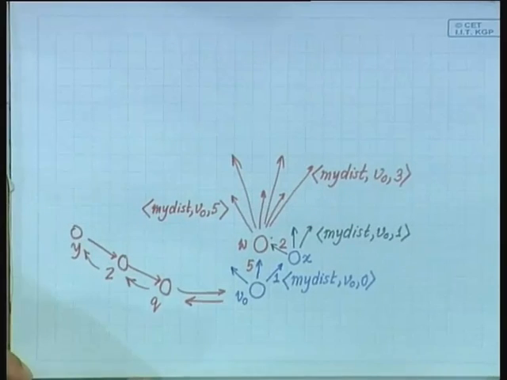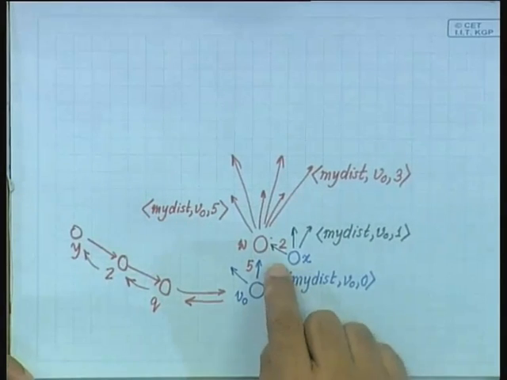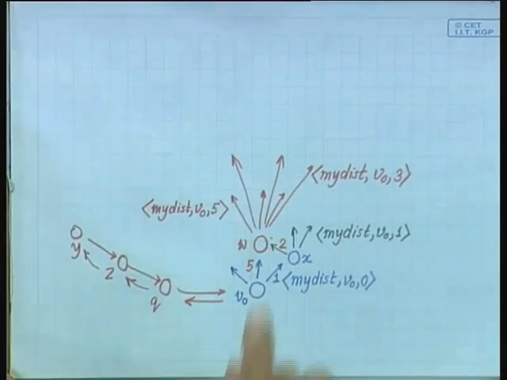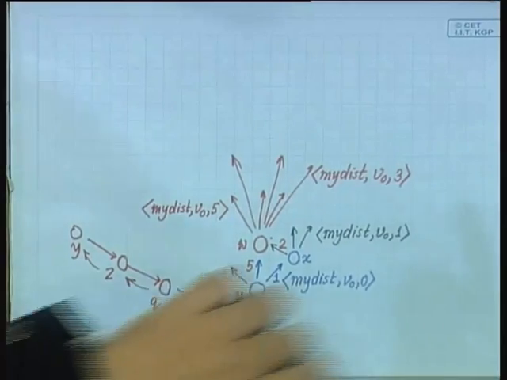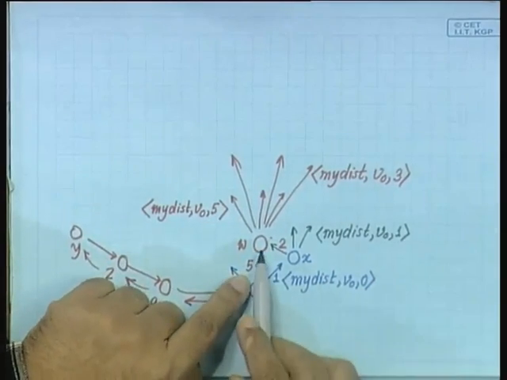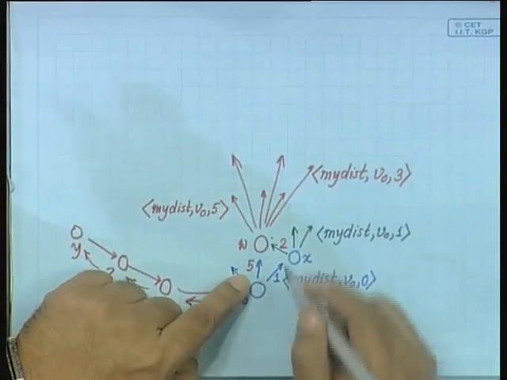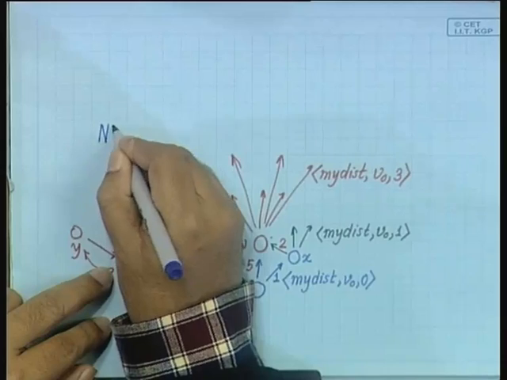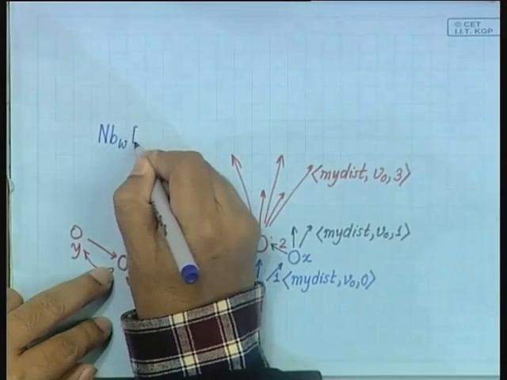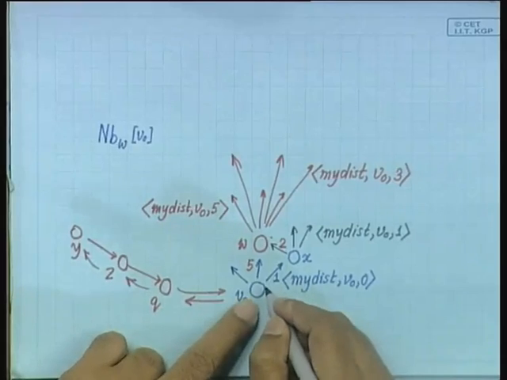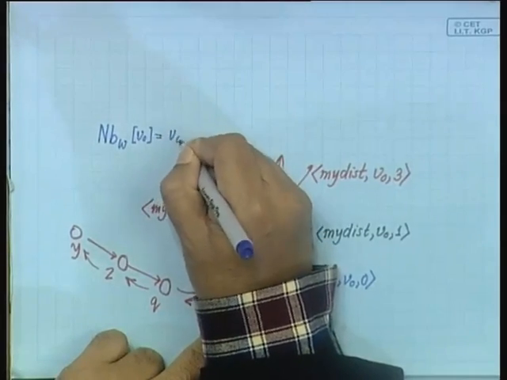Okay. And whenever there is an update, the NB pointer also changes. So, initially when W got this my dist V0 0 message, at that time the NB pointer at W was pointing to V0.